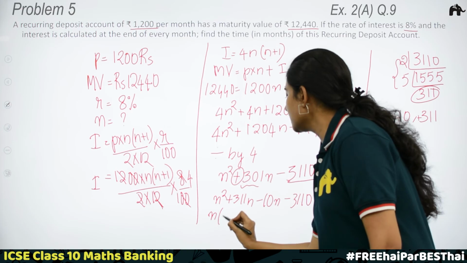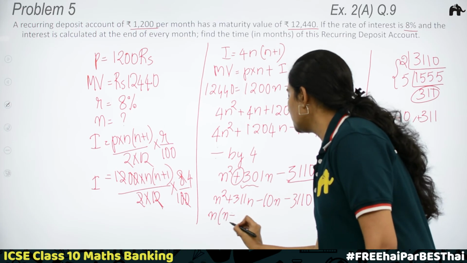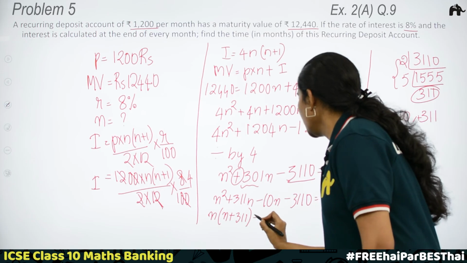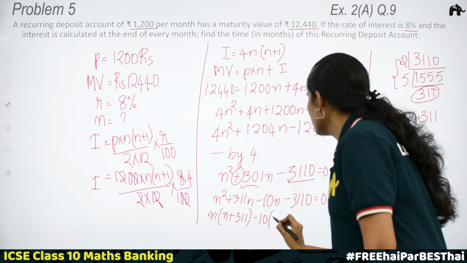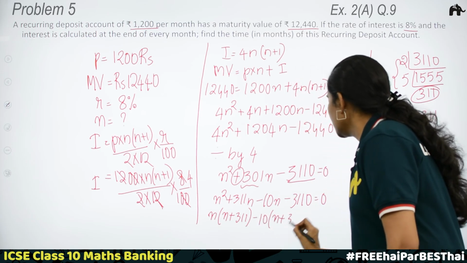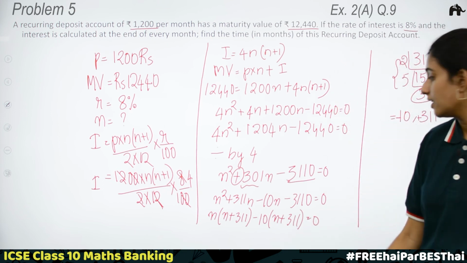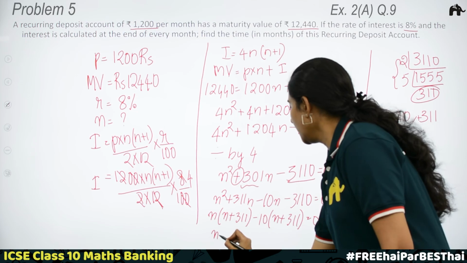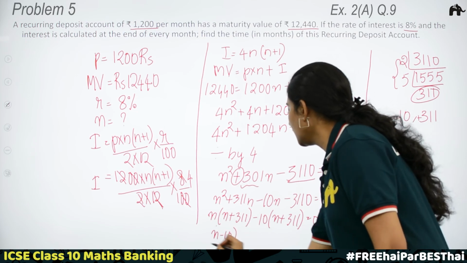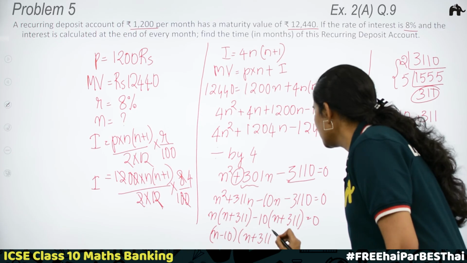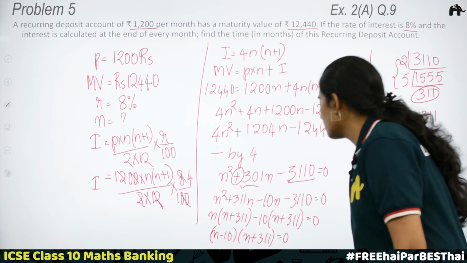Taking the common factors, n into n plus 311 minus 10 into n plus 311 is equal to 0. So n minus 10 into n plus 311 is equal to 0.